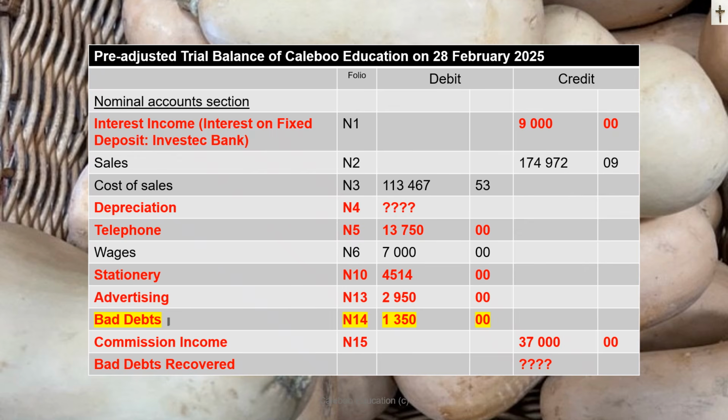Bad debts is going to change again, because you will see with the adjustments which accounts get debited and credited, and I'm just going to go according to how your textbook operates with this adjustment, the NMU students. So there's a balance of 1,350.